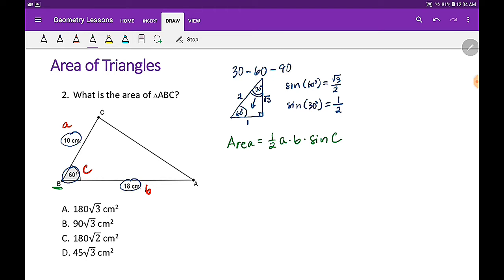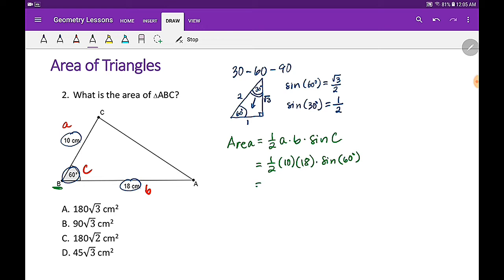It can be any of the angles as long as it's the angle in between the two given sides. So now we have area is equal to 1/2, our a is 10, our b is 18, times sine 60 degrees. Now you will understand why I had you recall the special ratios for 30-60-90 right triangles.